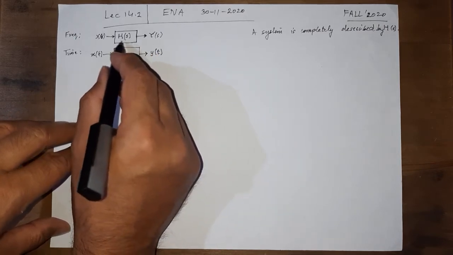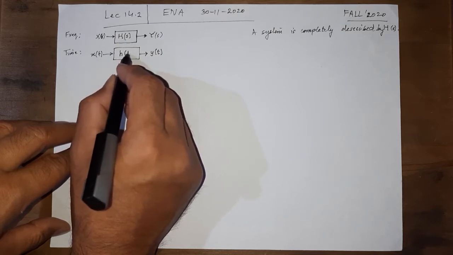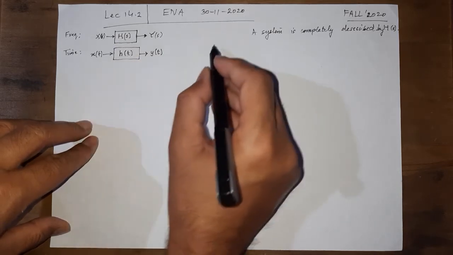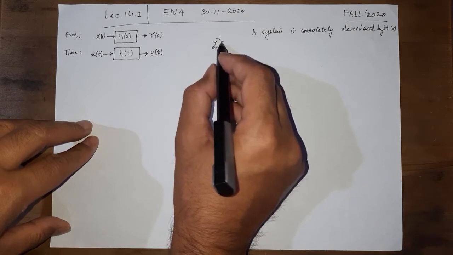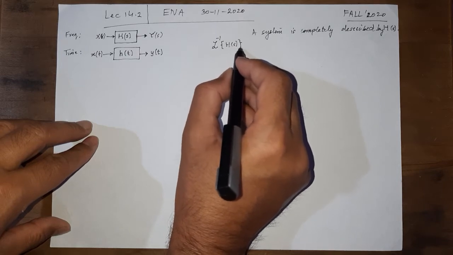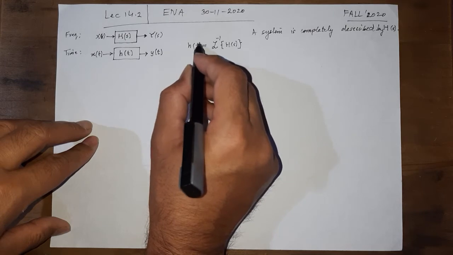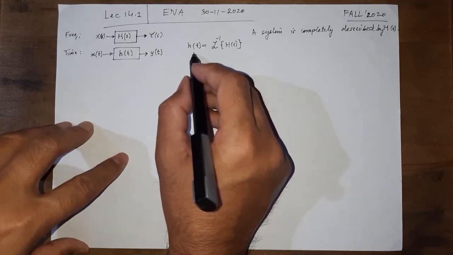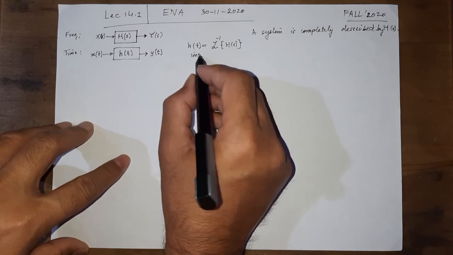So what will be this thing? The inverse Laplace transform of the transfer function. The inverse Laplace transform of the transfer function h of s is h of t, and it has a special name, and this is known as the impulse response.